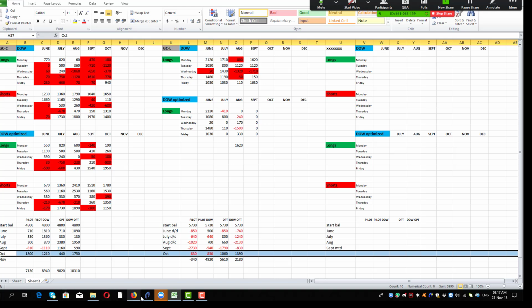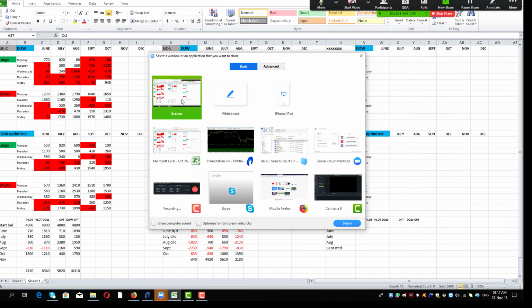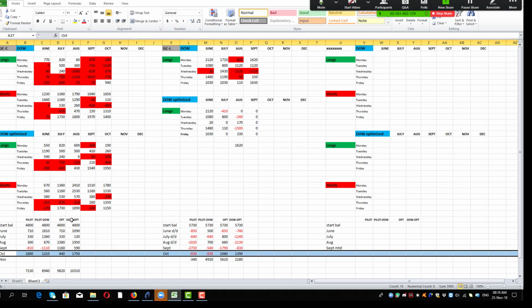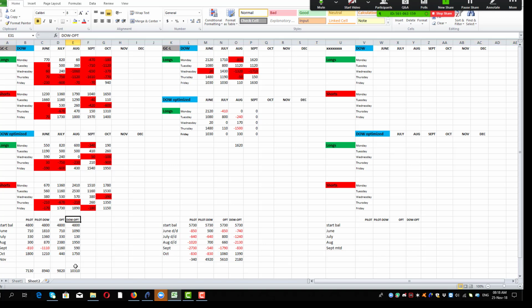So if you have a look at the system itself, which I'll share on screen with you, and we'll jump back to in a second, there's 30 odd or more settings to optimize. So we're only doing 4. So we're hardly over optimizing the system. But as you can see here, the advantage to doing an optimization, which was the optimization plus looking at the days of the week, is significantly better than just running the basic system once you've tested it and got your settings.